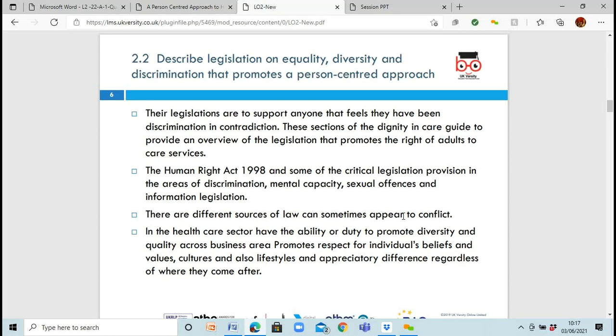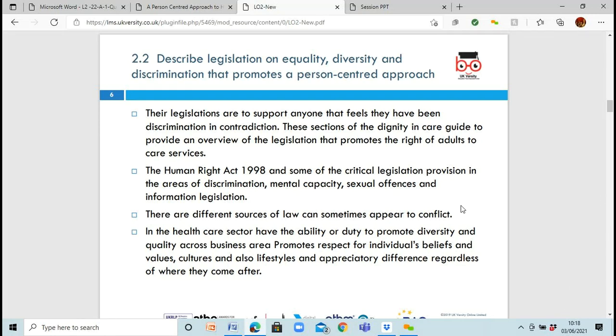So you've got the health and safety policy at work, you've got equality and diversity policies, you've got safeguarding, you've got so many different policies that you follow on a daily basis, and all of these are pulled off legislations. They look at the main legislations and they tweak them, they change them, they see what parts reflect to their workplace, and they work in accordance to that.